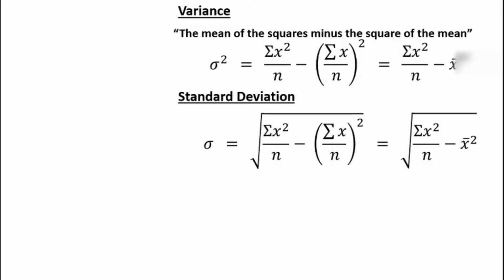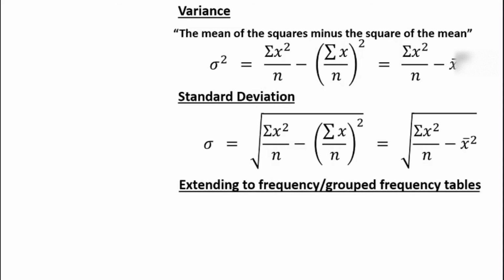Now, n's should be quite easy to find. It's the number of items involved in the dataset. The sum of x, we just need to add together those values in the dataset. And the sum of x squared, we just need to square each number in the dataset and then add them together. And these can just be placed into the formula quite easily.